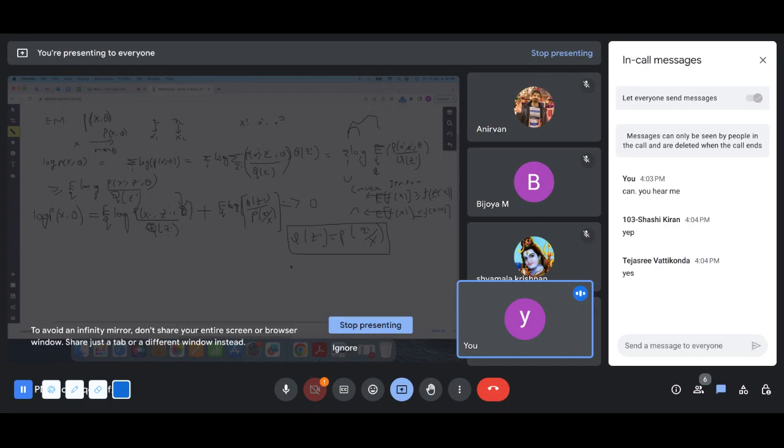Now the next step is this theta maximum. This is the expectation step, the E step, and this is the M step, as here you maximize this thing.